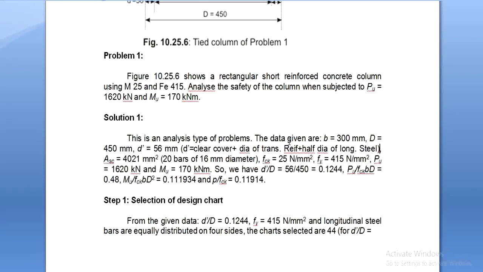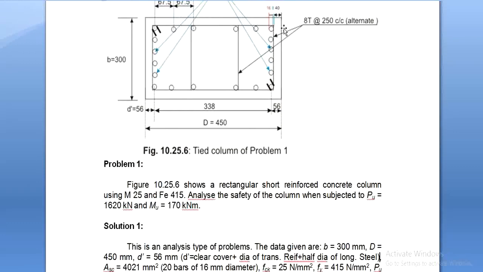So this is what I need to calculate. You can see here d dash is equal to the clear cover 40 plus the diameter of the transverse steel 8 plus half the diameter of the longitudinal steel 16.